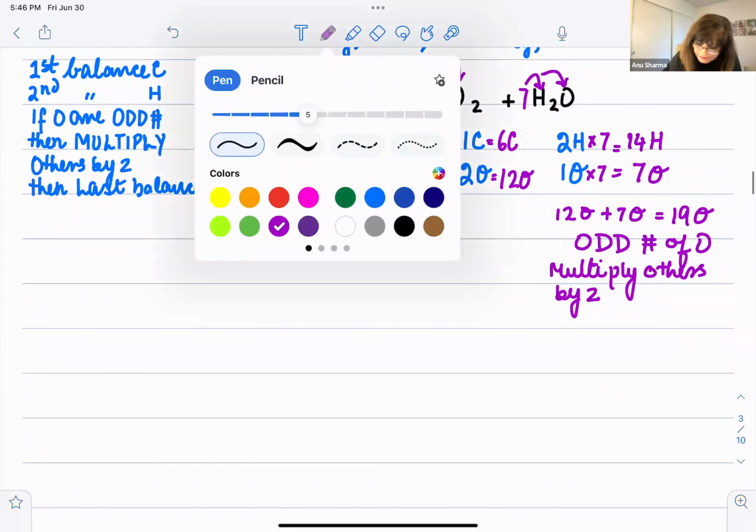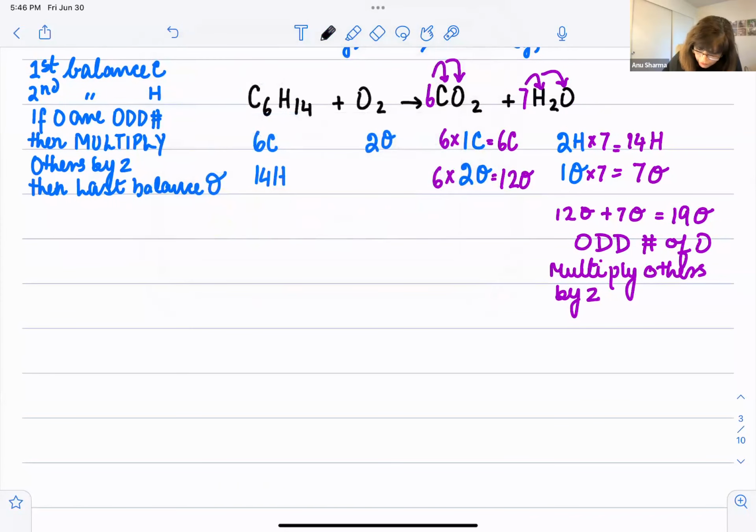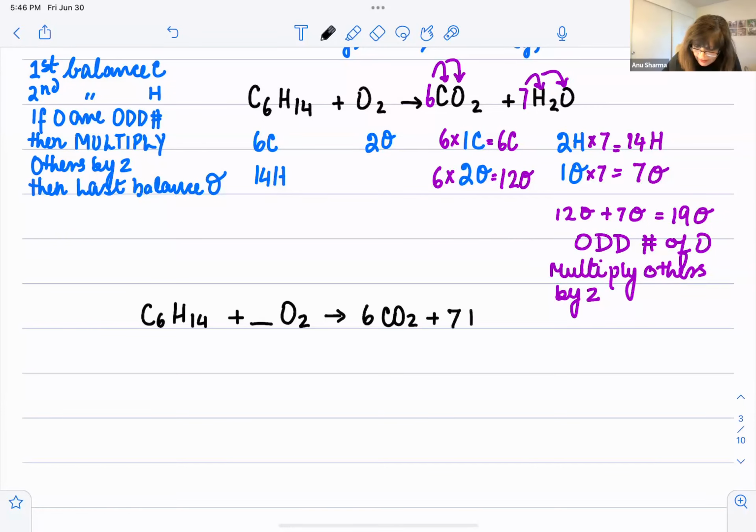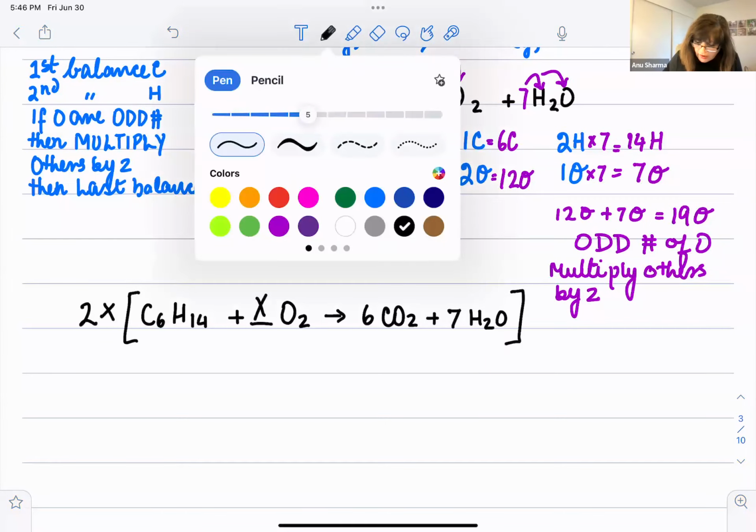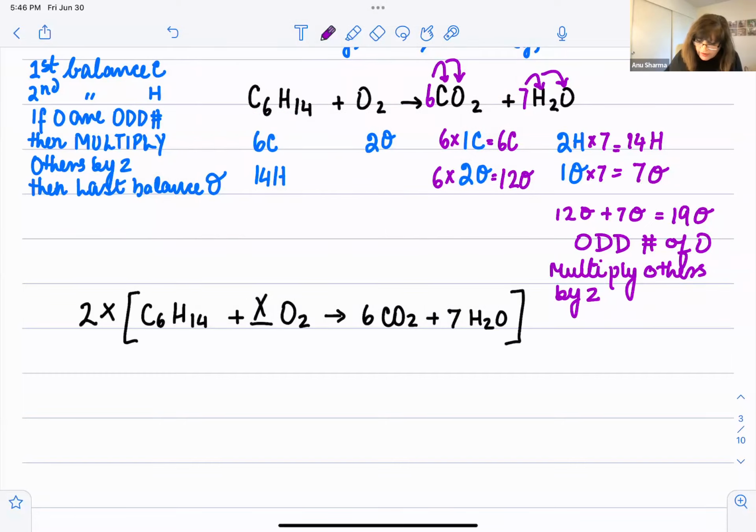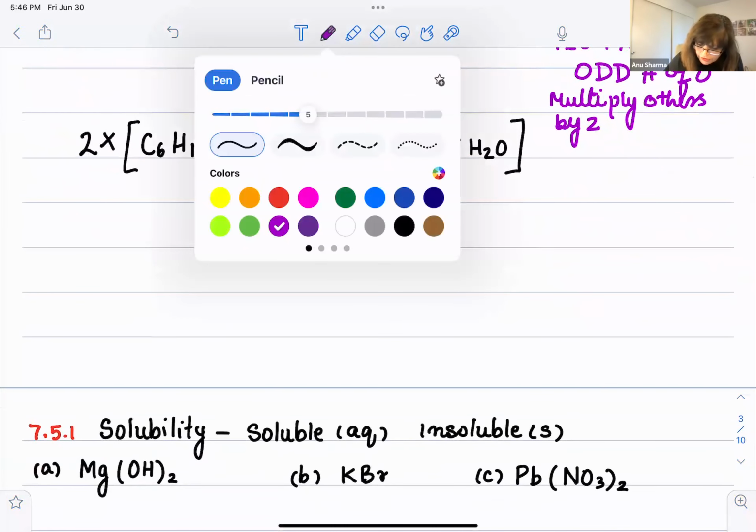Okay, so once again, up till that point. This is C6H14 plus something on the O2. This gives you 6 CO2 plus 7 H2O. So this whole thing you multiply by 2. Leave this, not this. Okay, so this gives you now another equation which looks like this.